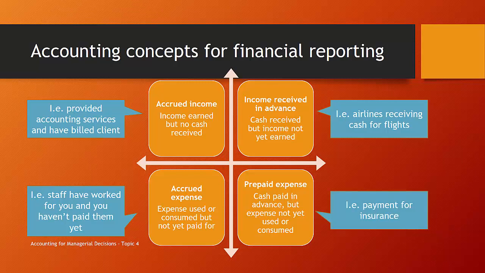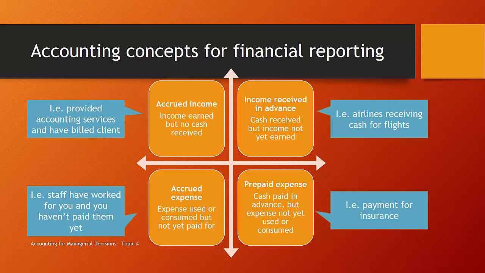The last in the quadrant is prepaid expenses, which is when you have paid cash in advance, but the expense has not yet been used or consumed. And insurance is a really good example of this. It sort of defeats the purpose, but you can't pay for insurance after the fact. I mean, if you could, it wouldn't really be insurance.